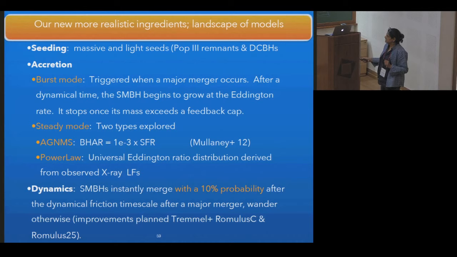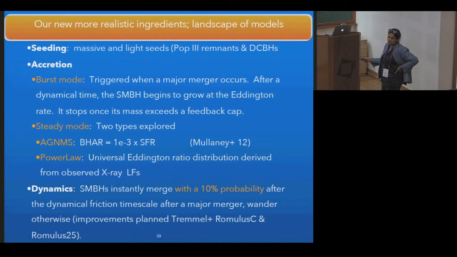In the steady mode of growth, we put in 2 possibilities. One is called the AGN main sequence model, where the black hole accretion rate is proportional to star formation rate. Again, this is from empirical data. Then you have a power law model, which is an Eddington ratio distribution derived from X-ray luminosity functions for AGN.